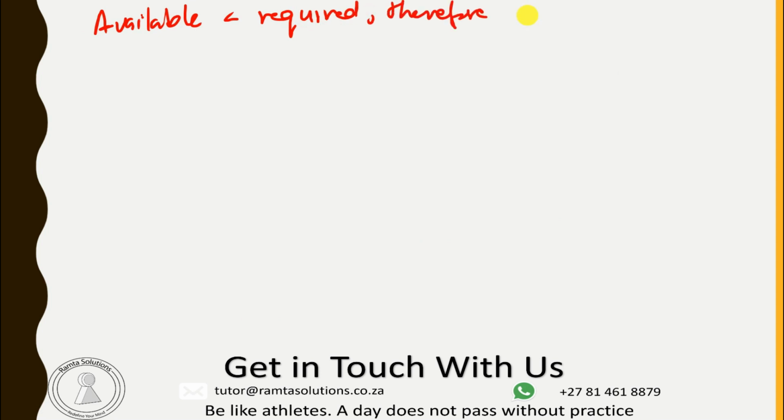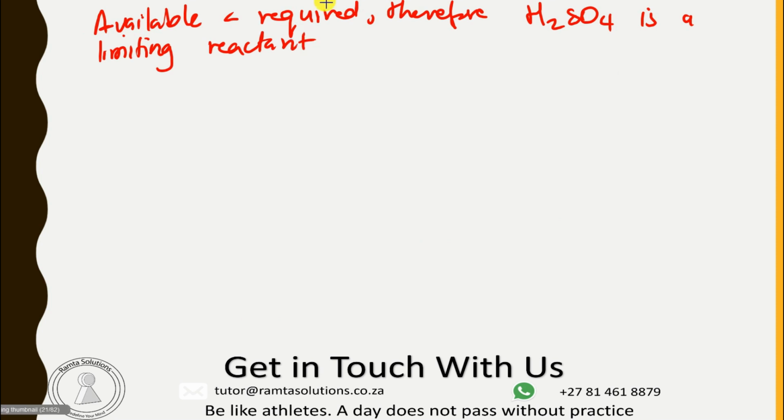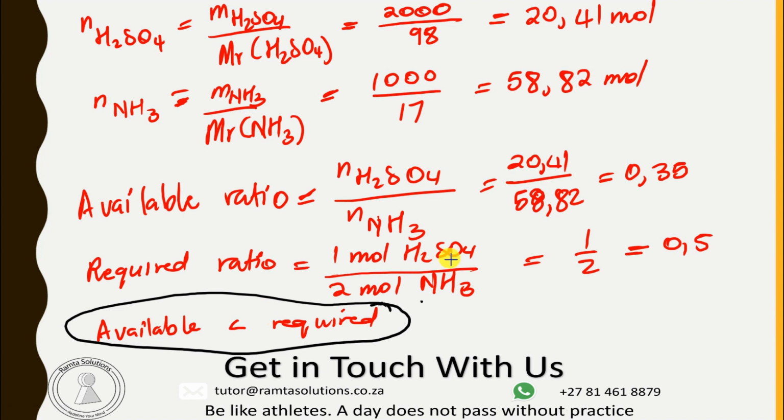Therefore, H2SO4 is the limiting reactant. Remember, when available is greater than required, denominator will be limiting, but now available is not greater, it's less than. So this means numerator will be the limiting reagent.